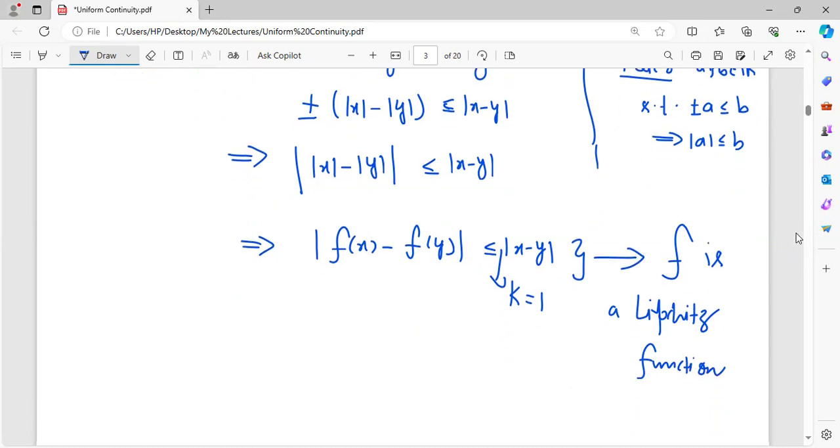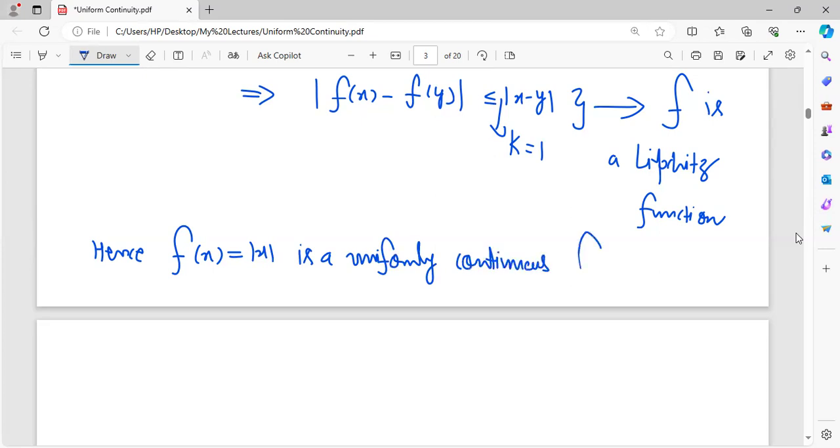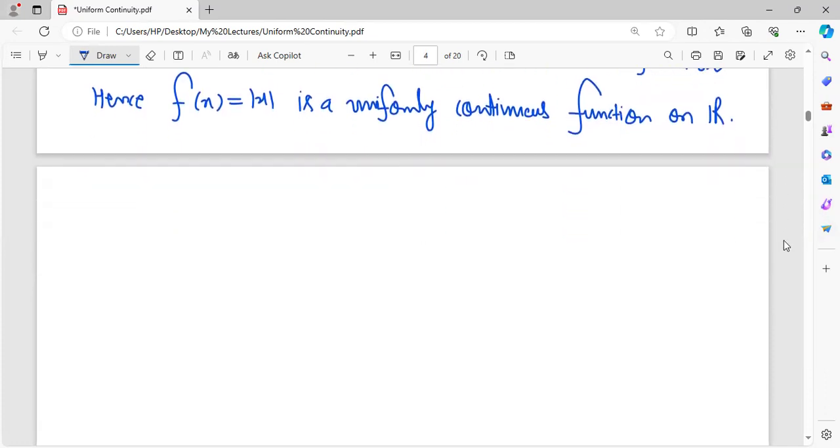So therefore, hence, f(x) = |x| is a uniformly continuous function on R. So we have proved that the function f(x) = |x| is uniformly continuous.